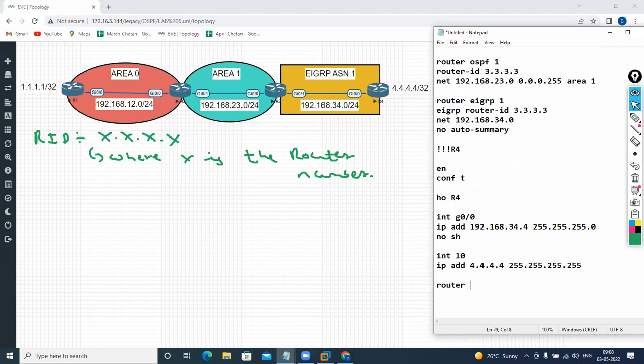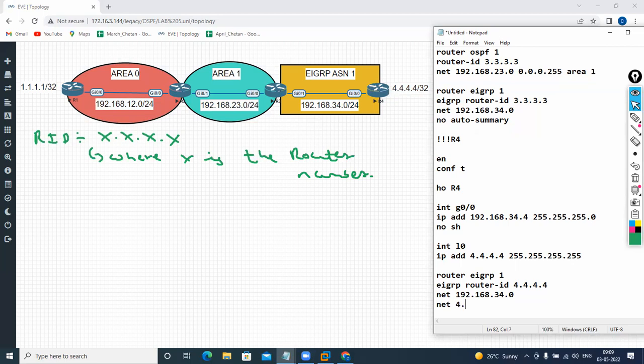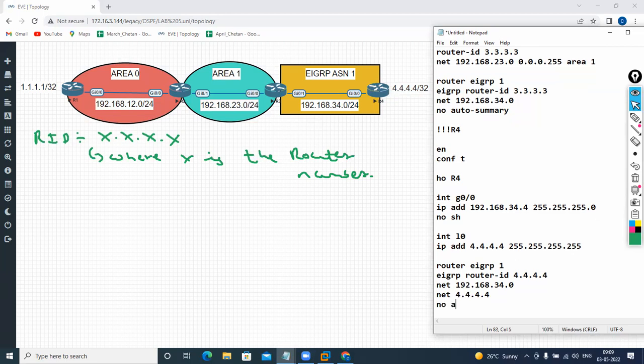So router EIGRP 1. EIGRP router ID 4.4.4.4. Network 192.168.34.0, network 4.4.4.4. So now just copy paste.